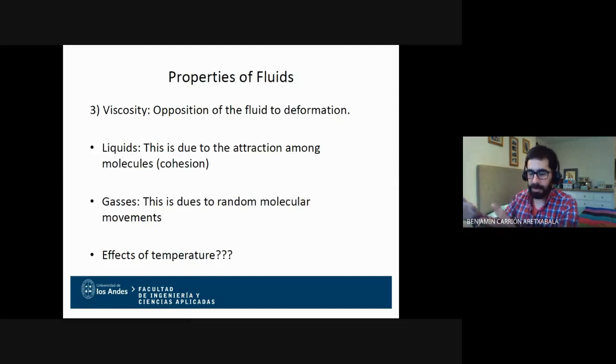It's chemistry stuff, but the important thing is that it exists, and we can model it as a linear relationship. Why is this important? Because if you know the exact stress that you're putting into a fluid, and you know the viscosity of the fluid, you're going to be able to compute the deformation, and the velocity of the flow will depend on this deformation.